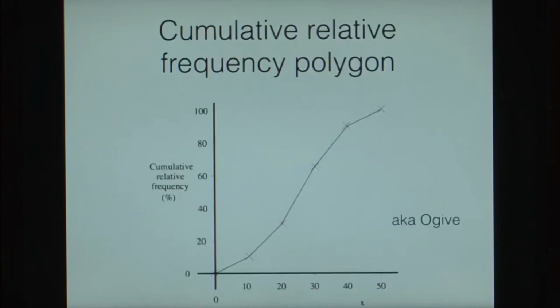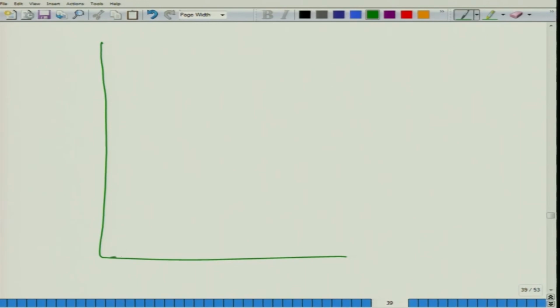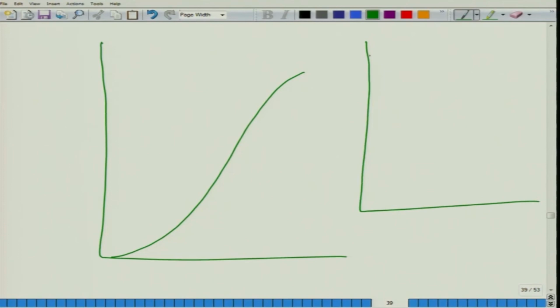A similar graph is a cumulative relative frequency polygon, also known as an ogive. An ogive can go on increasing or decreasing as we move towards the right. Essentially you can have an ogive that goes like this, or you can have another ogive that goes like this. In one case the values go on increasing as we go towards the right, whereas in the second case the values go on decreasing as we go towards the right.